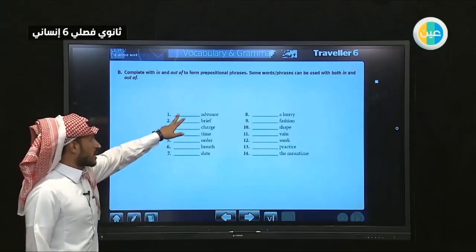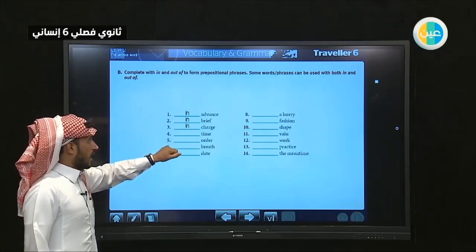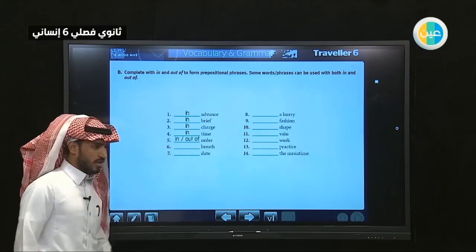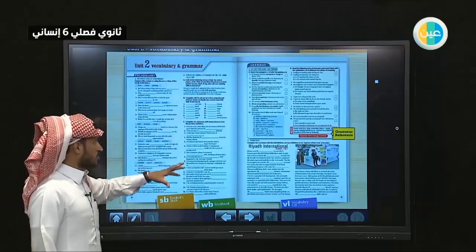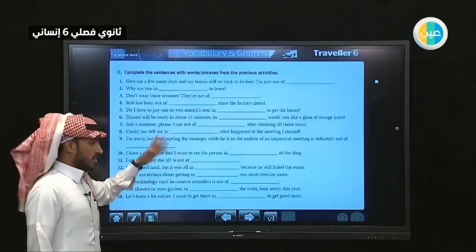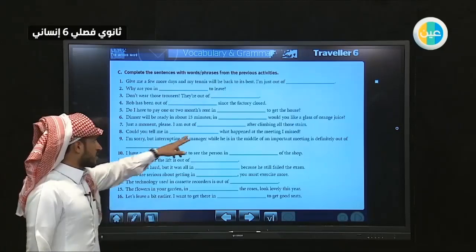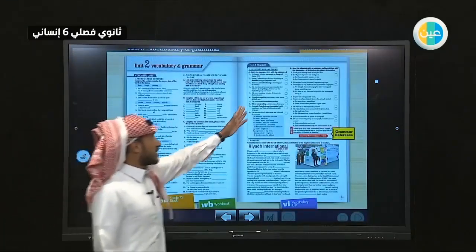We learned how to say in advance or in brief, and also in time, out of order or in order, and so on. There were many words, we learned how to use them properly. Then we went to this section where we put each word of them in the right or in the correct gap. After that, we had a grammar lesson.